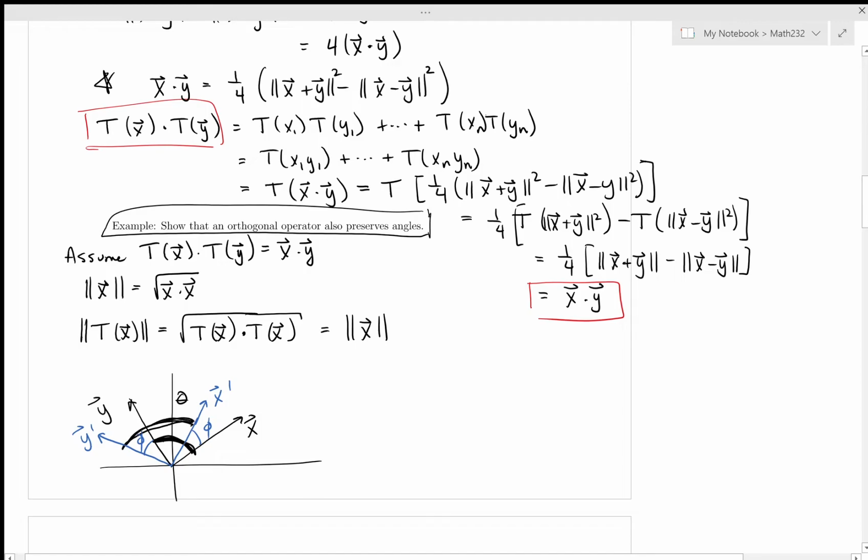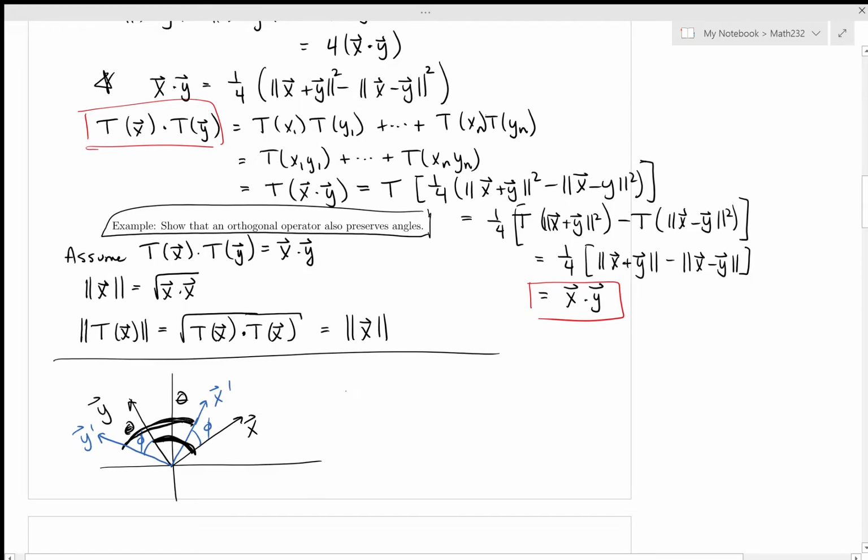It didn't change. So I've taken two vectors that were a certain angle apart, I've rotated them both by phi, and the two vectors are still angle theta apart. That's not surprising when you see it geometrically, but let's apply the theorem so we can see this algebraically.